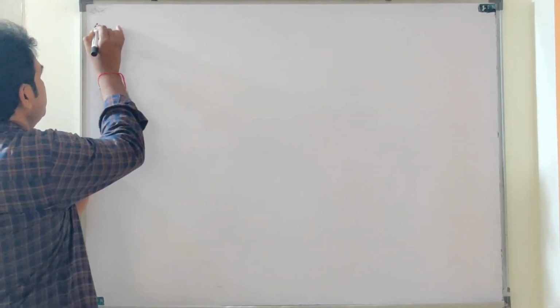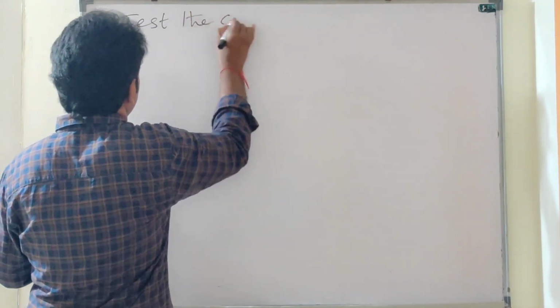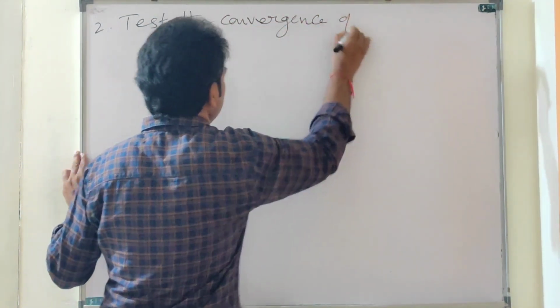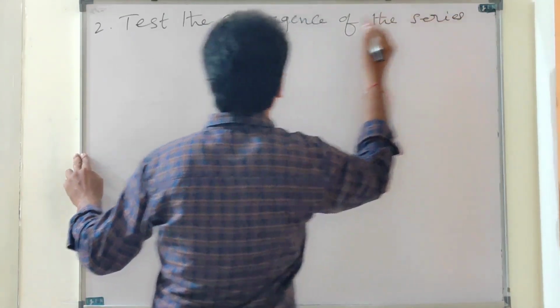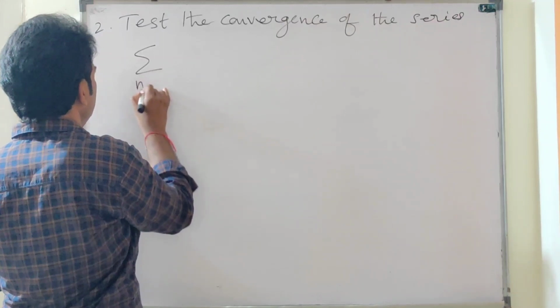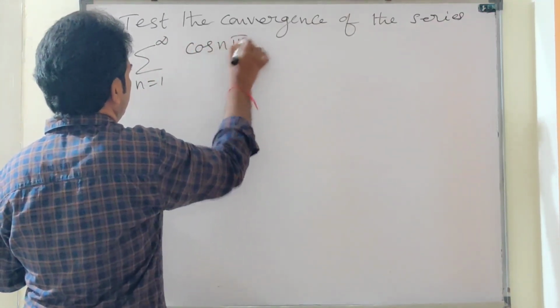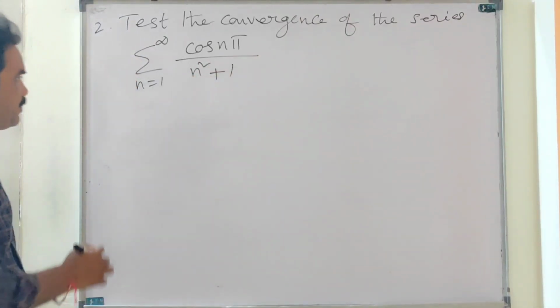Next problem, test the convergence of the series sigma n is 1 to infinity cos n phi by n square plus 1. Solution.